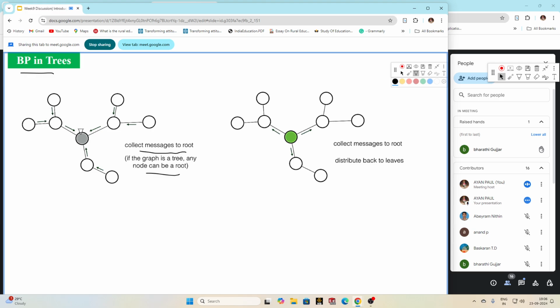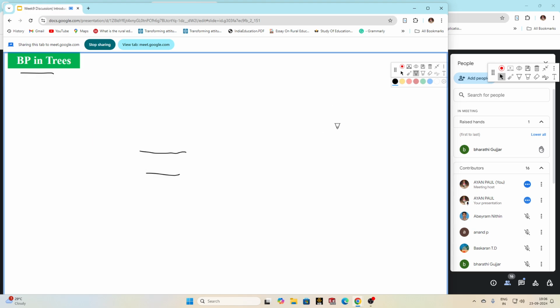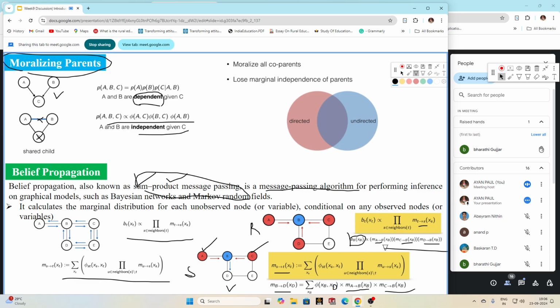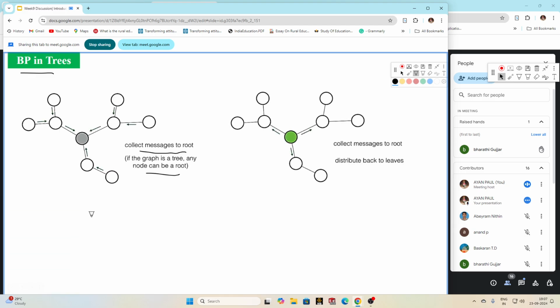According to our belief propagation, we collect all the information from all the nodes to the root node. In the second step, when the messages are collected, we distribute back to the leaves, or to the other nodes apart from the root node, and we apply the same equation written here. So that is belief propagation in trees.